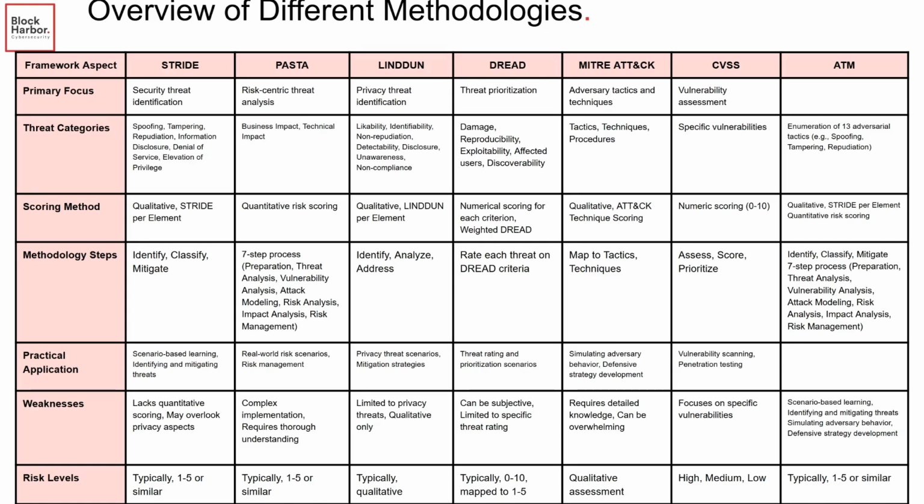ATM covers a 7-step process similar to PASTA, which includes identifying threats, classifying them, mitigating risks through preparation, threat analysis, vulnerability analysis, attack modeling, risk analysis, and impact analysis. ATM's strength lies in its ability to address scenario-based learning and risk management specific to automotive cybersecurity, making it highly relevant for organizations that need to secure complex automotive systems.